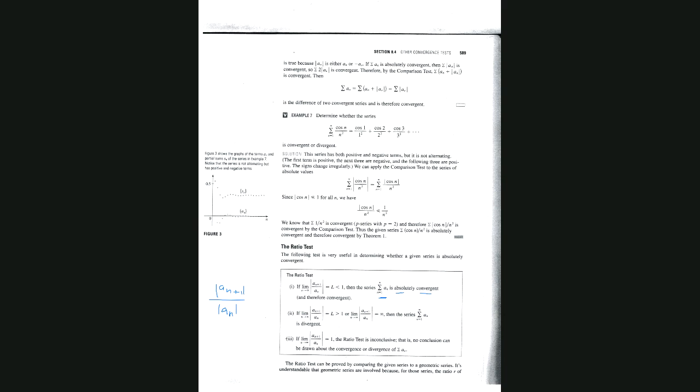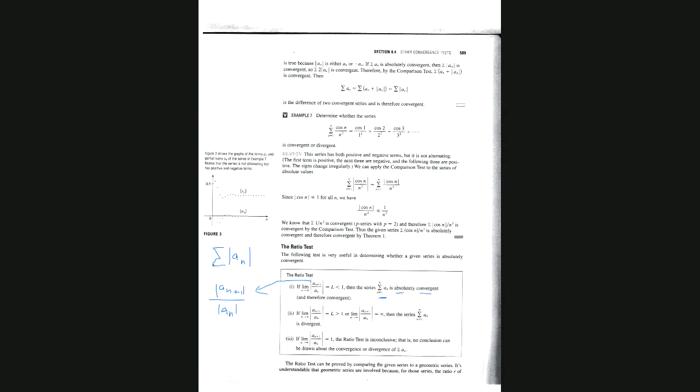This is equivalent. So essentially, you're trying to establish convergence or divergence of this series, where you have the absolute value of the terms. And if that series converges, we would say our series is absolutely convergent.